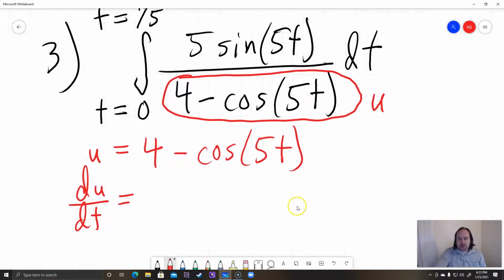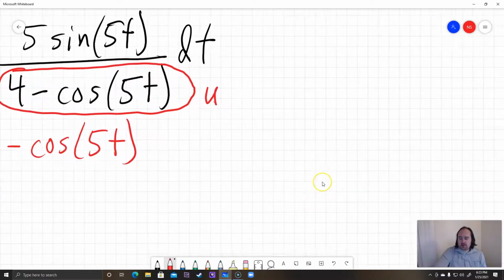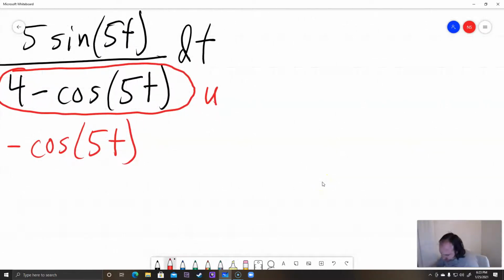Well, right off the bat, we need to review a formula. So the formula is for the derivative of cosine. Okay, so recall, this is from Calculus 1.